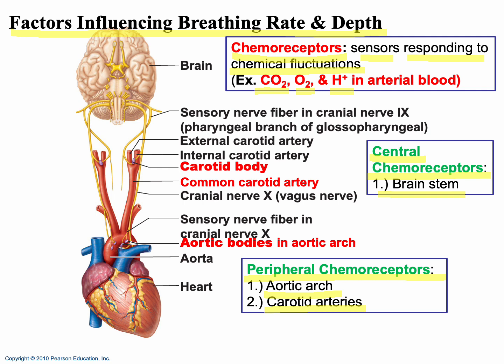So again, here's that common carotid artery right here. And then up here, of course, you have your external and internal carotid artery over here. This referring to the peripheral chemoreceptor. And then the aortic arch, aortic bodies here. So that's where we have our other peripheral chemoreceptor.